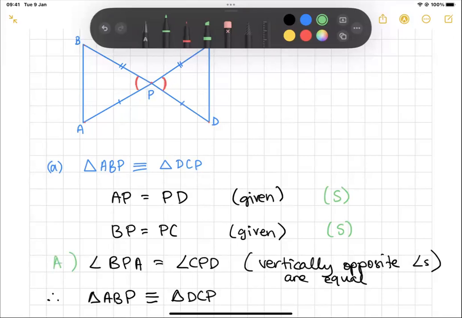So what type of test do we use? We use SAS. Okay, and that's all I do.